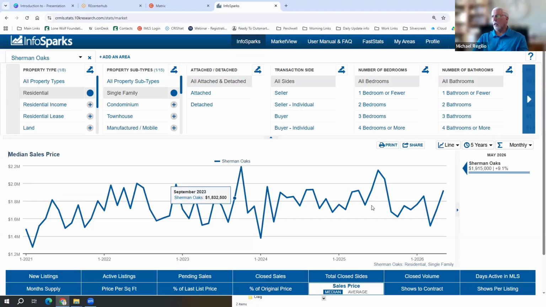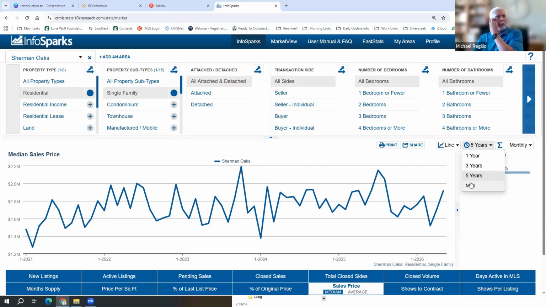In 2021, it was 1,000,008. We're now at 1,915,000. Our high point was 2,150,000 median sales price. So you can choose your year, 3 years, 5 years, or max, depending on the customer that you're presenting the information to.